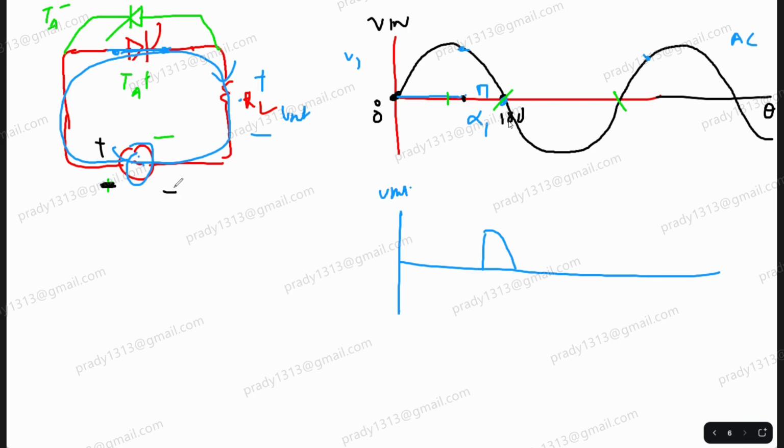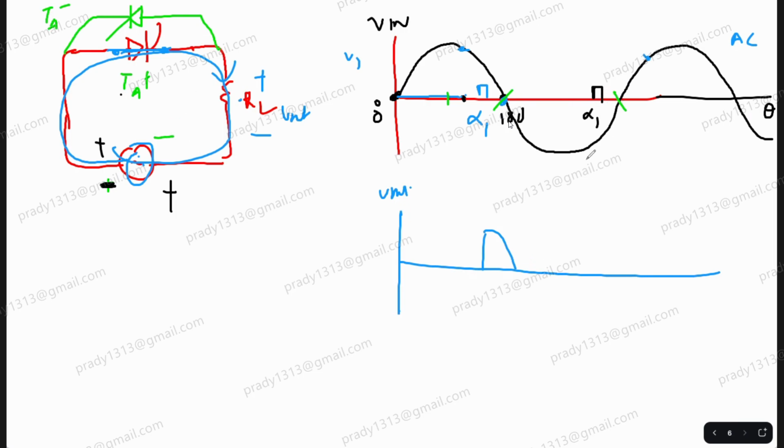In the negative half cycle, can I say TA minus is forward biased? Yes sir, the top one is forward biased and the other is reverse biased, so it will automatically turn off. Let's apply the same firing angle, alpha 1.